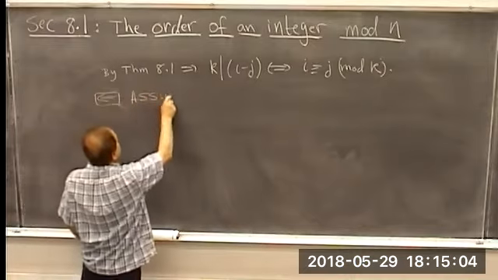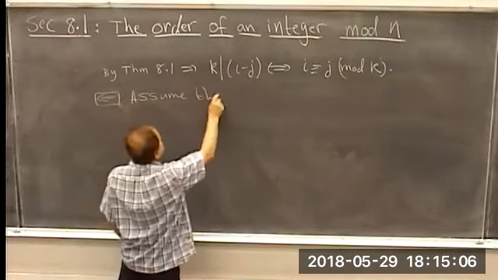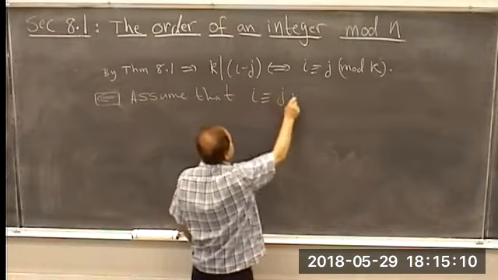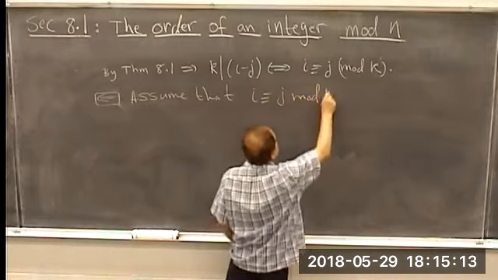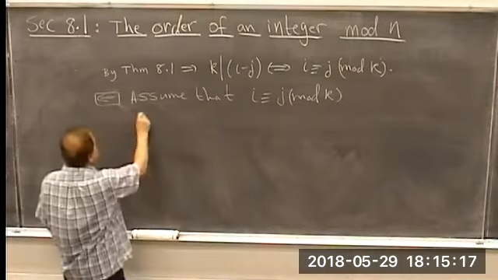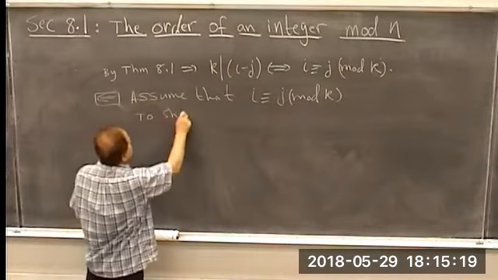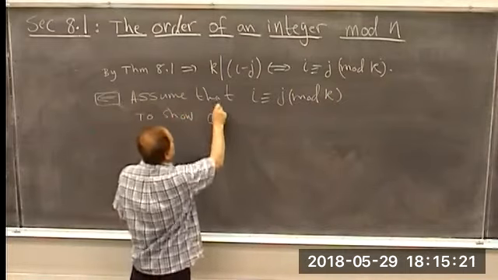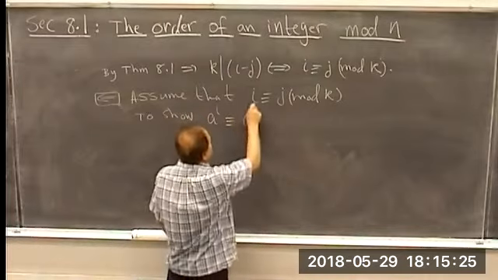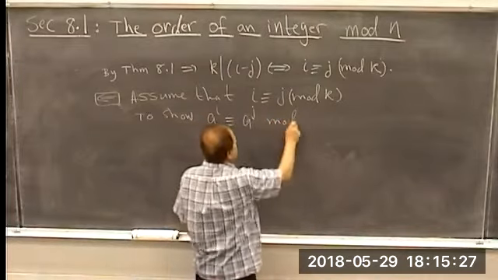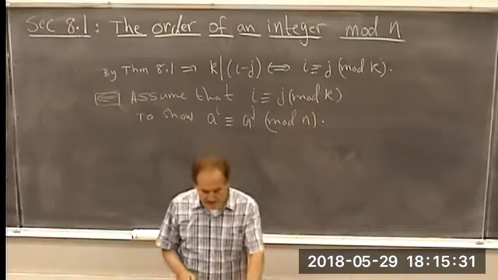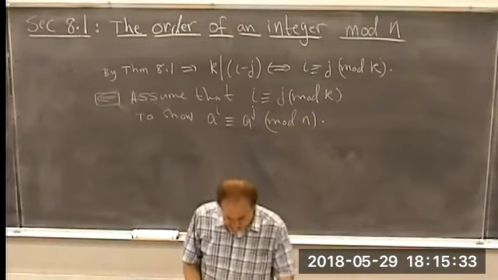Assume that i is congruent to j mod k. And we want to show a^i is congruent to a^j mod n.